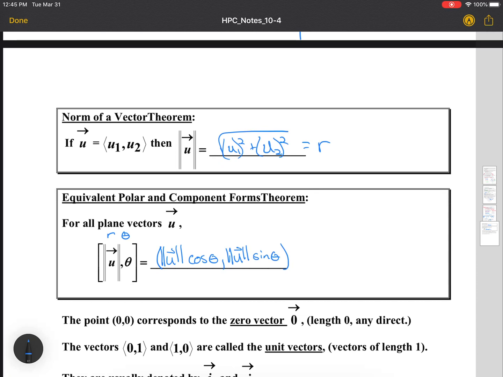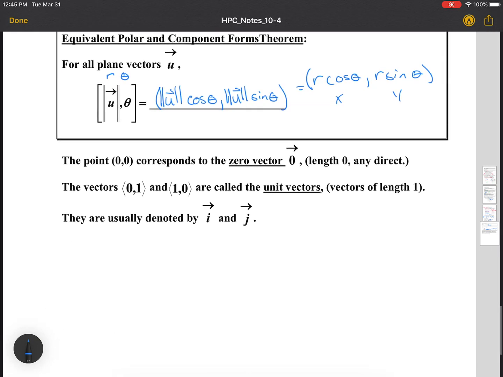It's just still our same formula. We just did the exact same thing as r cosine theta, r sine theta. That's the same thing, and it gives us our x, our y. That's all we're doing. We're showing how all this is interconnected.